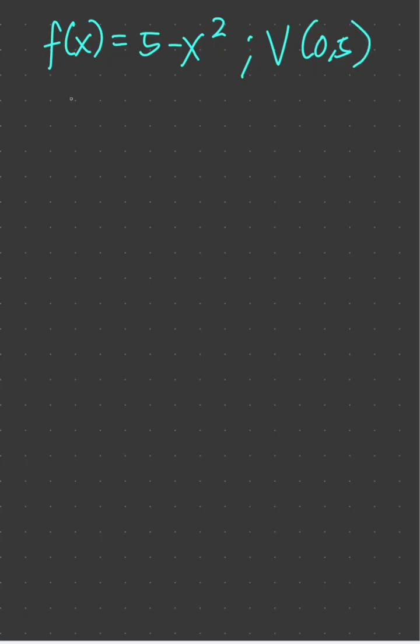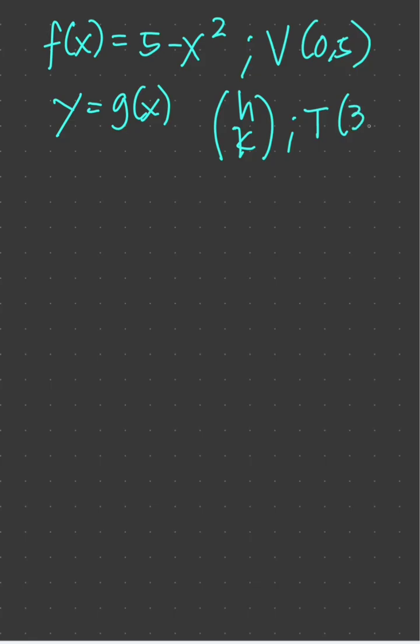Its image y equals g of x after a translation with vector h, k, and has vertex 3, 6. Okay, let me check the graph. Write down the value of h and k.